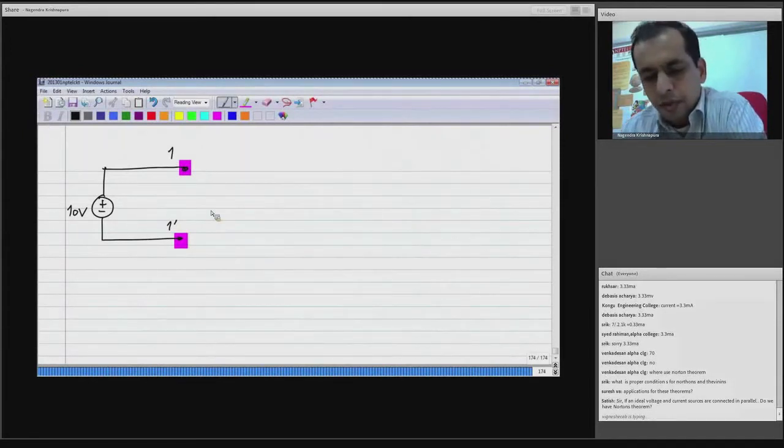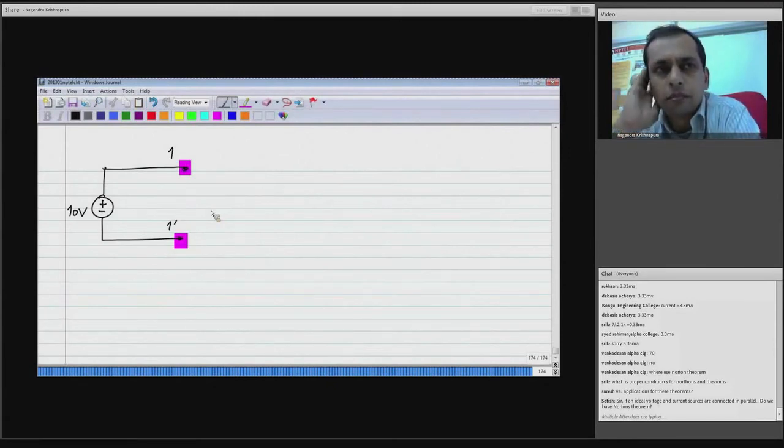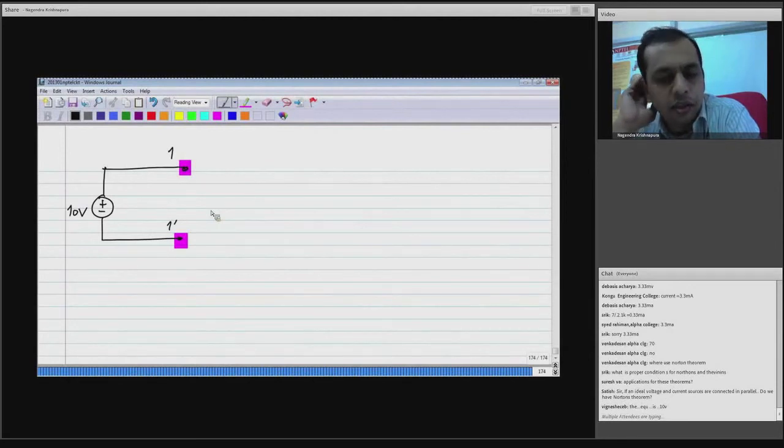Now what is the Thevenin equivalent of this and what is the Norton equivalent of this? I have only a voltage source. Please try to reason out and answer this question. This is not so much calculation, but reasoning out. I have only a voltage source connected to terminals 1 and 1 prime. So what's the Thevenin equivalent of this and what's the Norton equivalent of this?